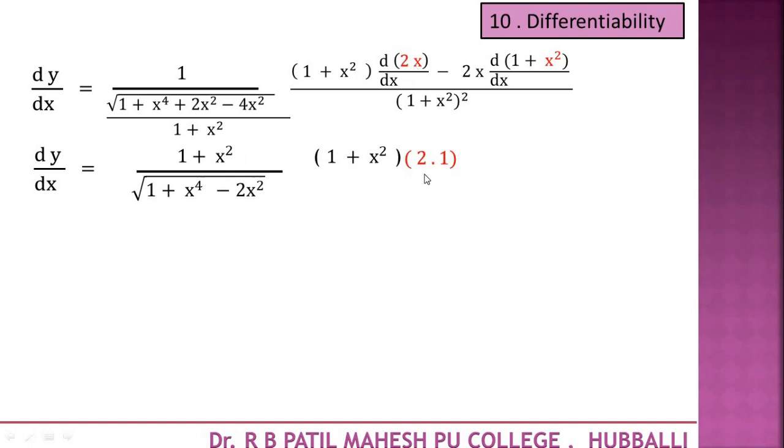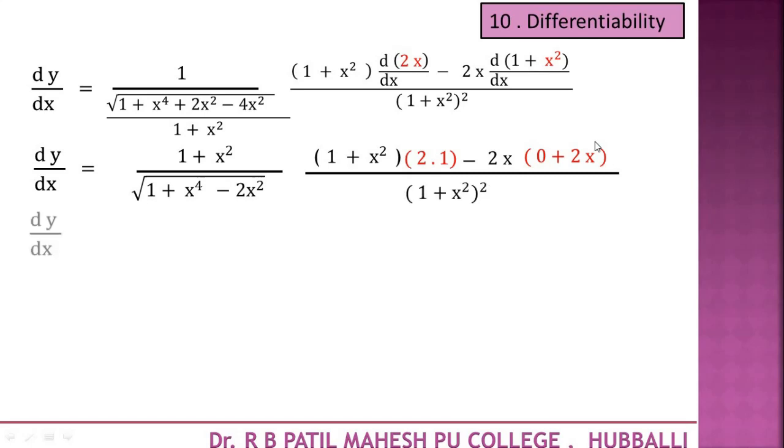And here 2x derivative is 2 and 1 plus x square derivative is 0 plus 2x. One derivative is 0, x square is 2x, and whole divided by as it is.